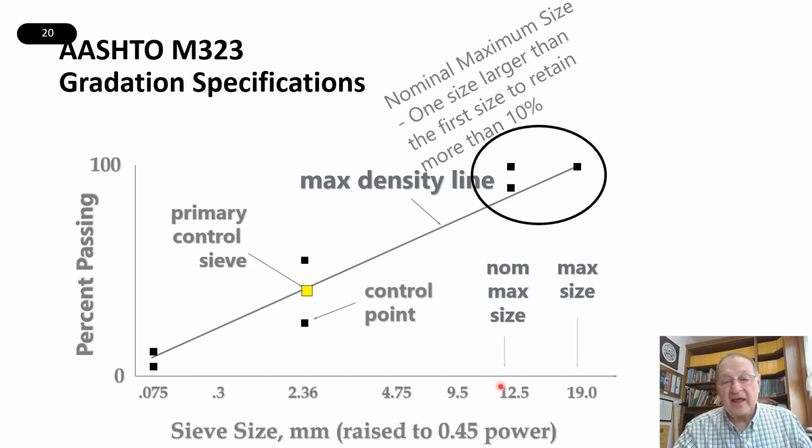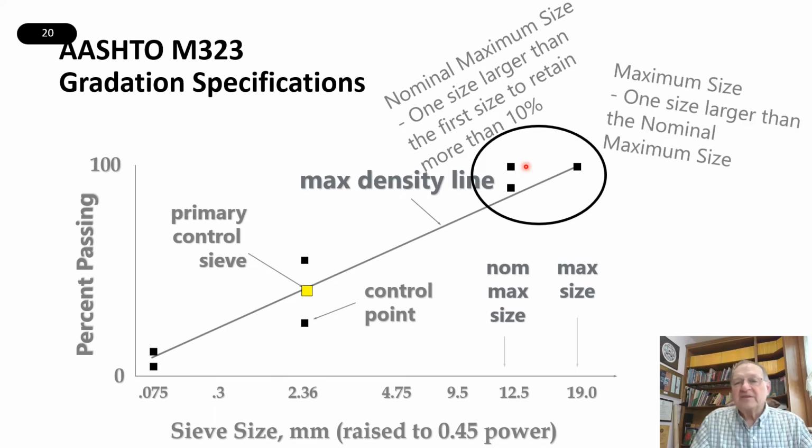So in a 12.5 millimeter nominal maximum size, the first sieve in our blend that will be less than 90% will be the 9.5 millimeter, and then 1 size larger than that will mean that the nominal maximum size is a 12.5. The definition forces the gradation always to be between 90 and 100% on the nominal maximum size.